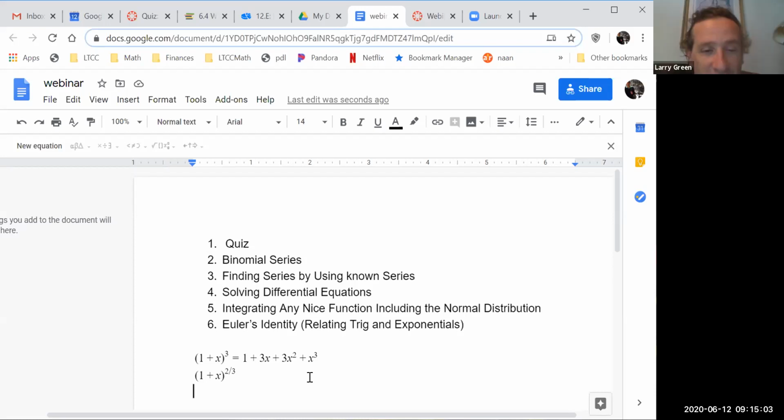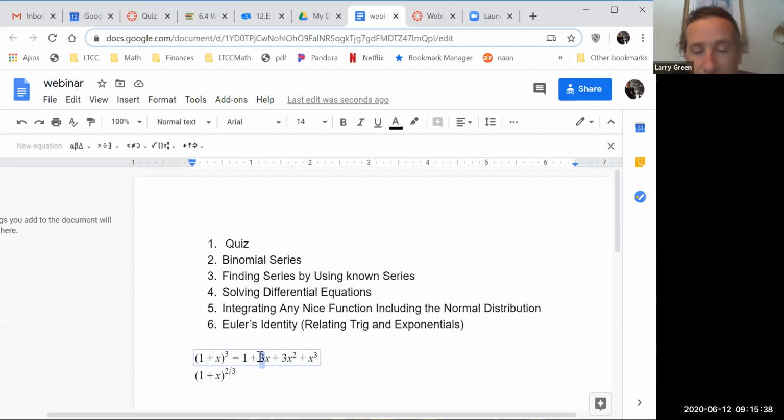Okay, so notice that when you had 1 plus x cubed, you ended up with a power series that just stopped on the x cubed term. Do you see that? The other way of doing the 1 plus x cubed is to plug in 0. If you plug in 0, you get 1. Do you all agree? Take a derivative and you get 3 times 1 plus x squared. Then plug in 0 and you get 3.